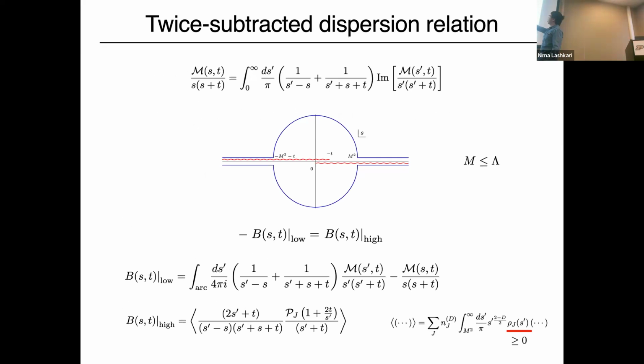Basically, it's a relation that gives your amplitude in terms of the imaginary part of itself. The way you can derive this equation is by looking at this contour integral. You consider a contour integral along this blue contour.